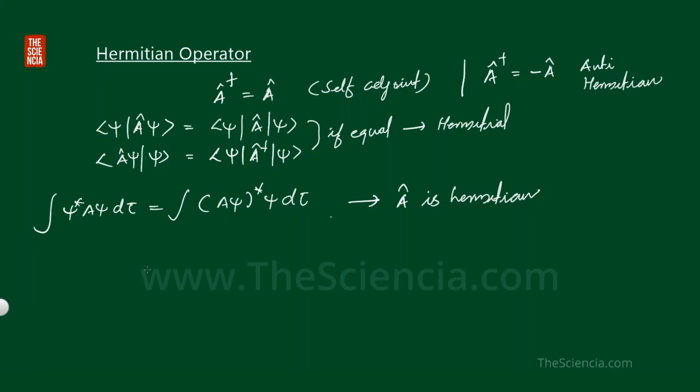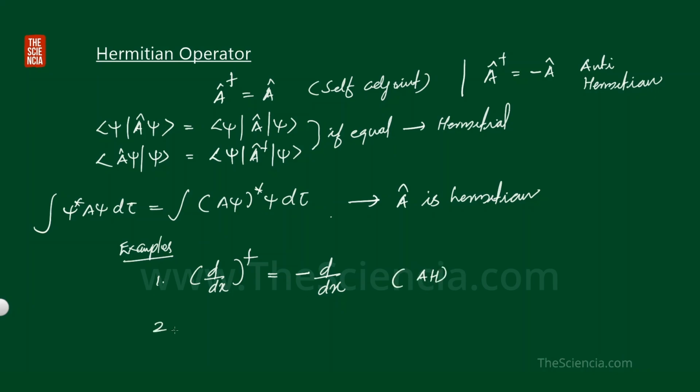Now let us check some examples. First example, d by dx dagger. When you solve for d by dx dagger, you get the result minus d by dx. So here, a minus sign came additionally, so it is anti-Hermitian.